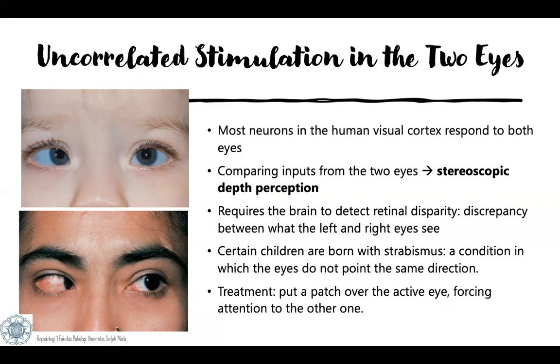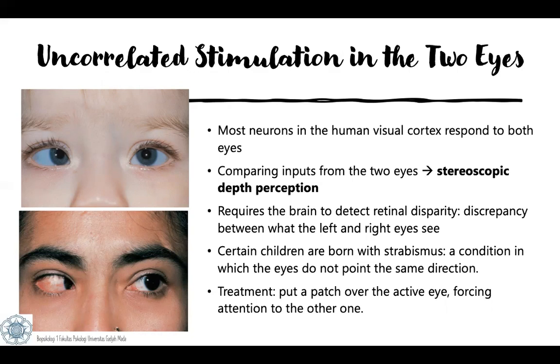Certain children are born with strabismus, or strabismic amblyopia, also known as a lazy eye. It is a condition in which the eyes do not point in the same direction. Generally, these children attend to one eye but not to the other.